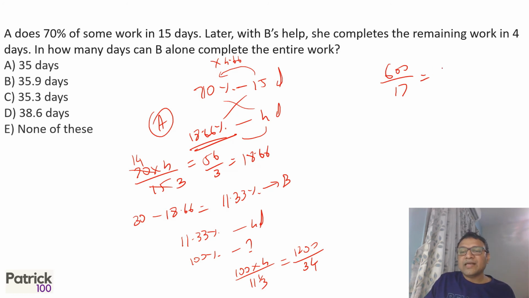Solve it. 17 threes are 51, 9 left. 17 fives are 85, 5 left, 50. Almost 35.3, C option. That will be the answer. A little bit of calculation is involved here, but if you can calculate quickly, you should be able to get the answer quickly.